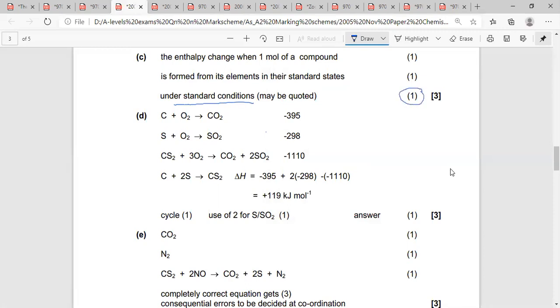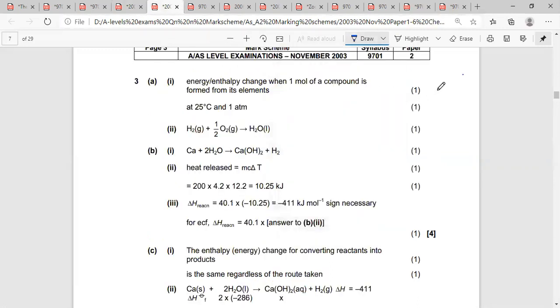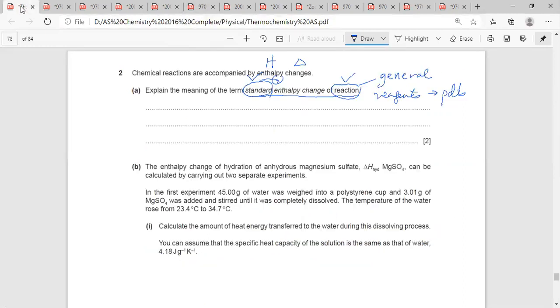Better to quote it because they don't know what the marking scheme is. Right now here they actually ask you what is the limit of standard here, 1 mark. So make sure you know the value, because here they actually ask you.